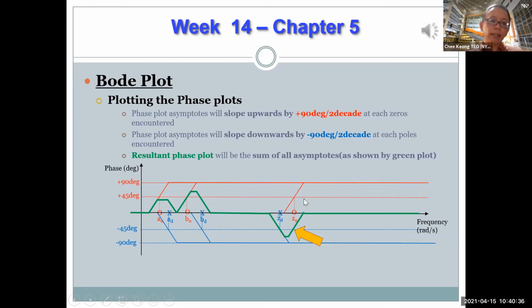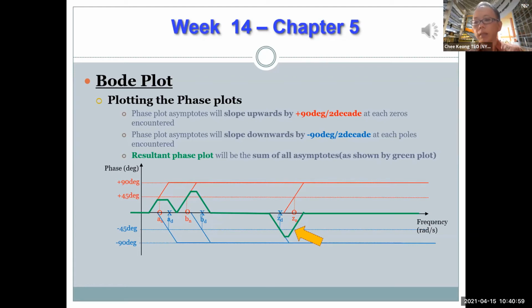intuitively you can calculate the number of, because each of the zeros will finally introduce a plus 90 degrees, and each of the poles will finally introduce a minus 90 degrees. So the final result is, let's say you got 2 zeros and 3 poles. So you introduce 2 times 90, right? But you introduce 3 times minus 90.